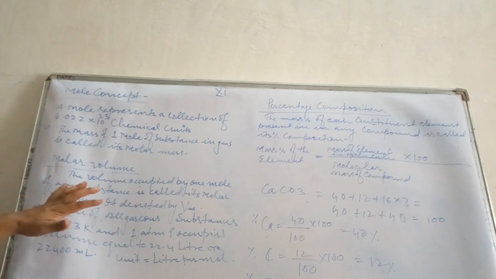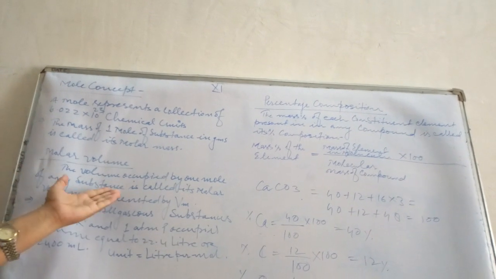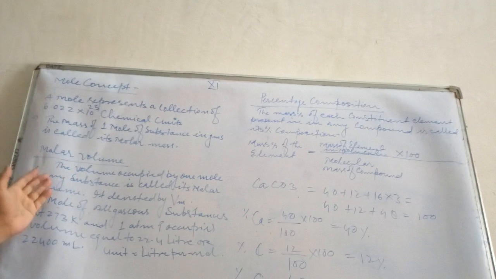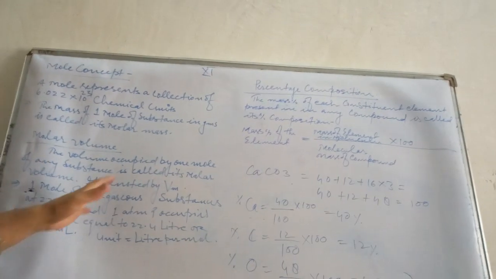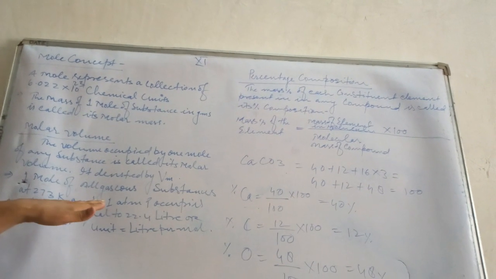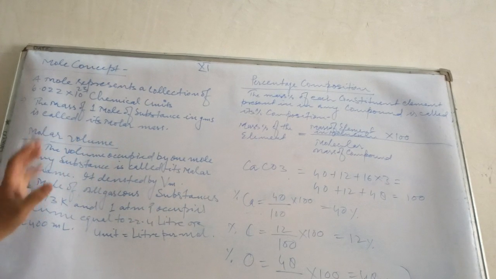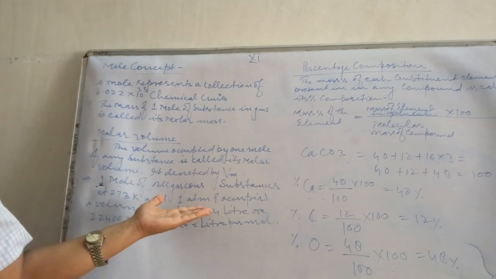Means molar volume is defined as the volume occupied by 1 mole of any substance, and denoted by capital Vm. And all the gaseous substances at the temperature 273 Kelvin and 1 atmospheric pressure occupy a volume equal to 22.4 liter.